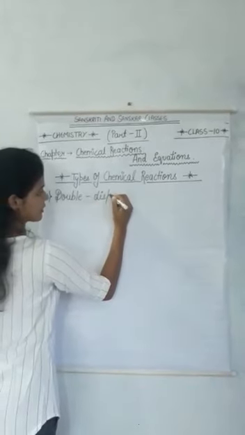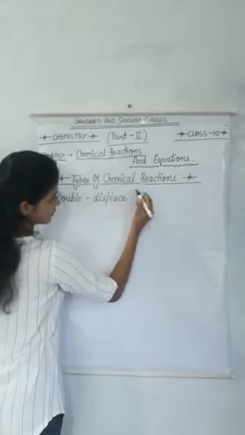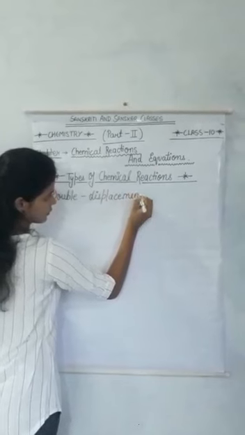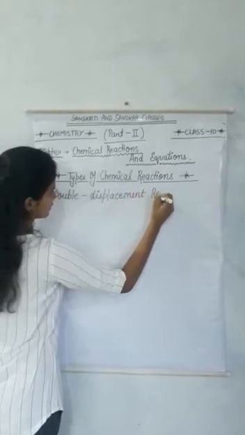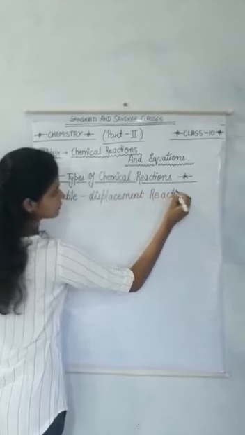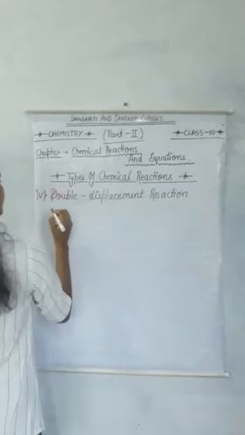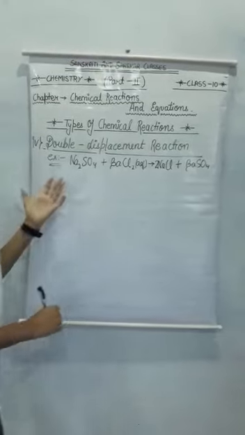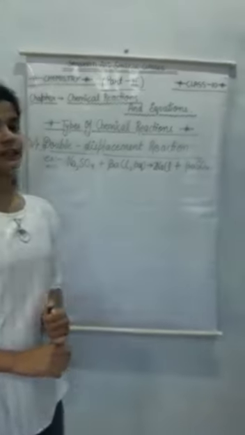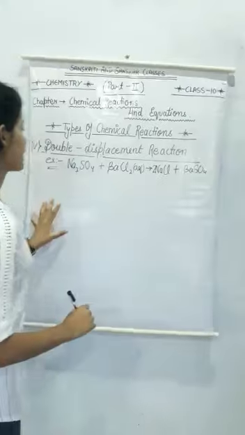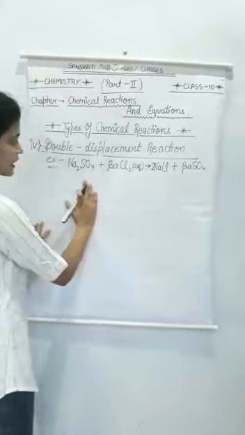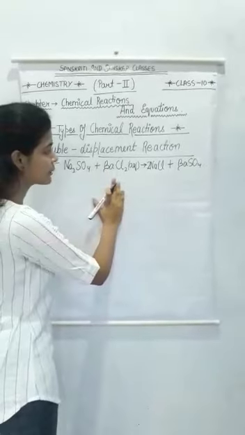Now we come to the double displacement reaction. Example of double displacement reaction, we take the best example, that is sodium sulfate plus barium chloride.